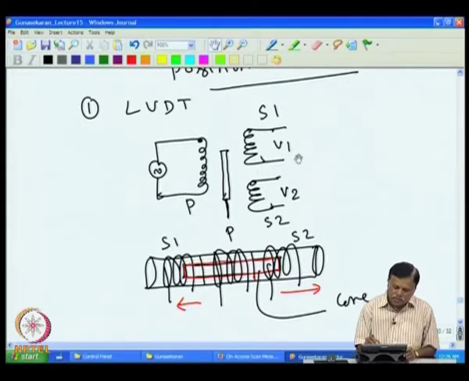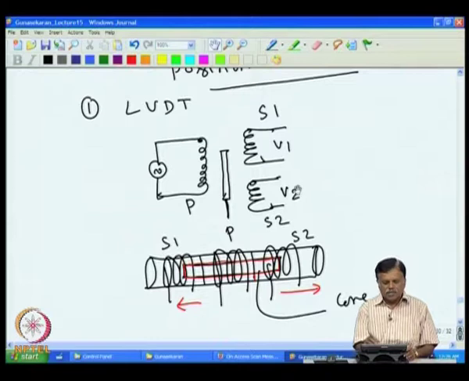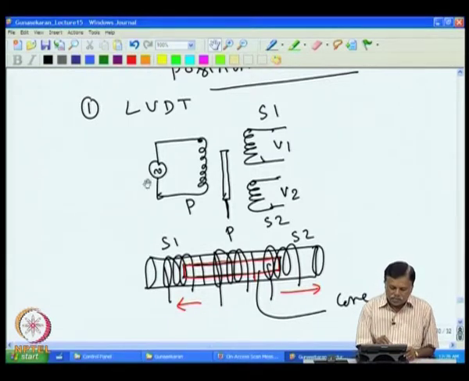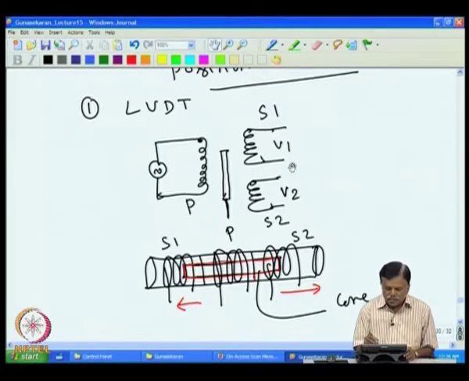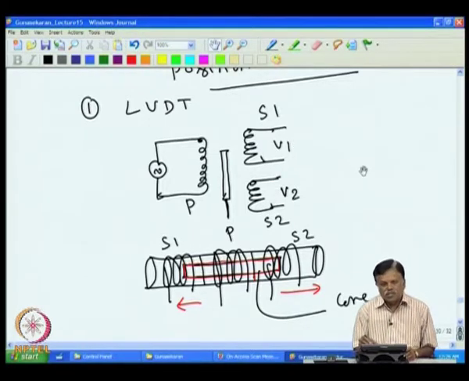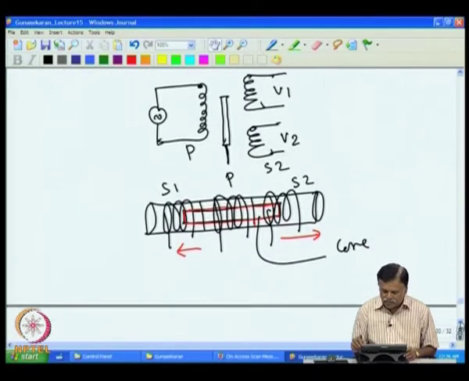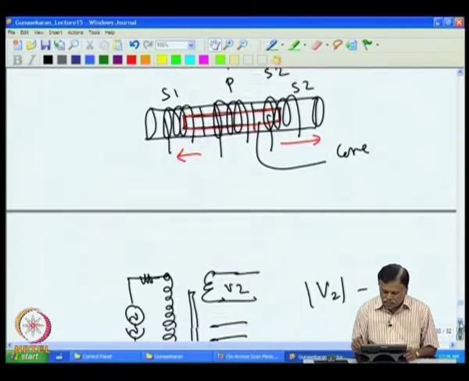If V1 plus V2 goes up, then I decrease the excitation voltage, so that V1 plus V2 is always kept constant. Essentially, we rectify and convert V1 into DC, V2 into DC, and then add these two voltages to get V1 plus V2, and then we compare it with a reference to get a constant.